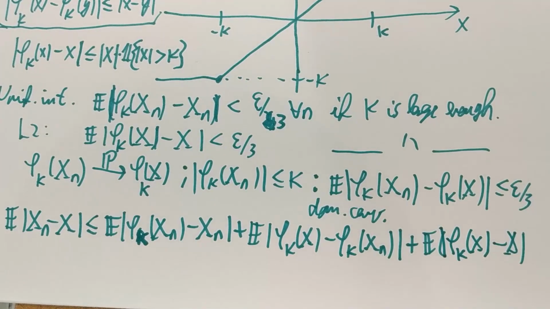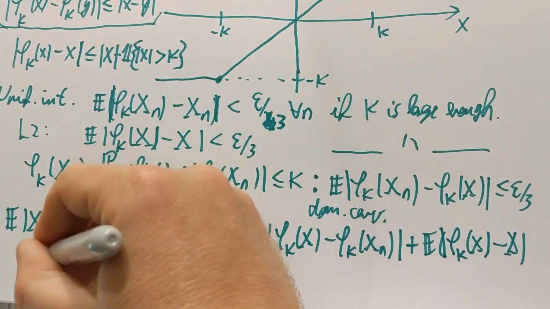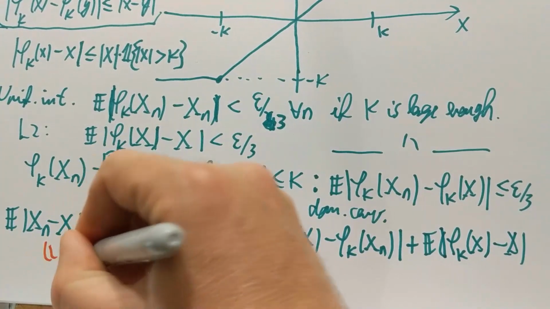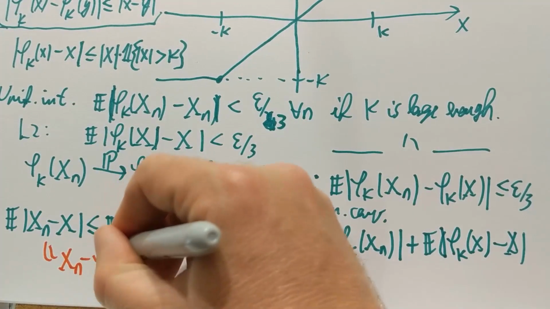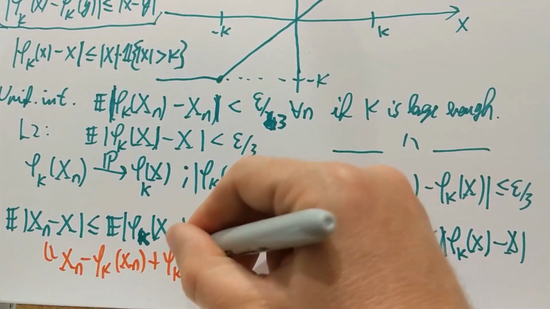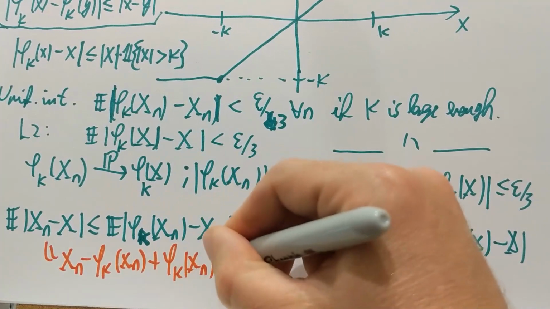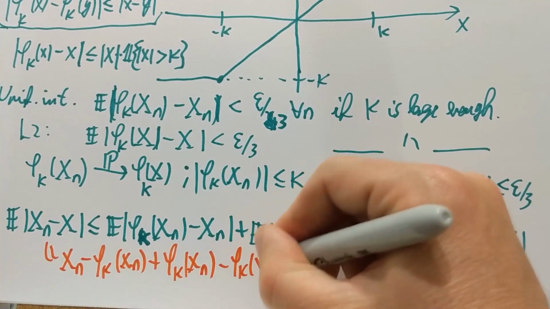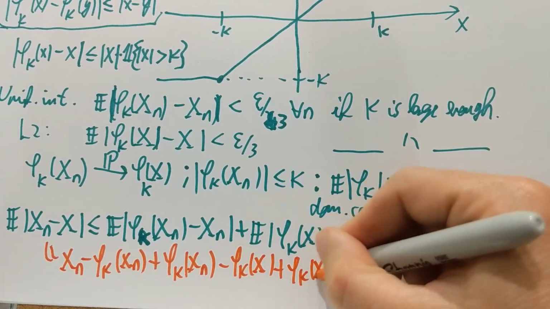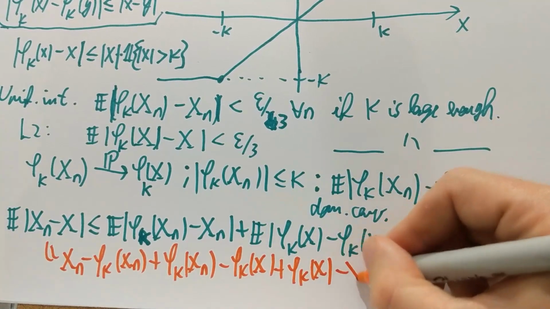Alright, so let me explain what is actually happening here. What is happening here is that I wrote this difference as xn minus phi k of xn plus phi k of xn minus phi k of x plus phi k of x and minus x.